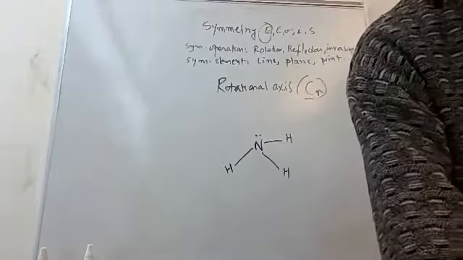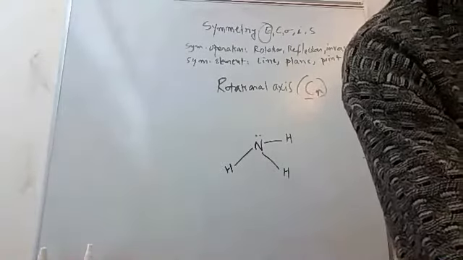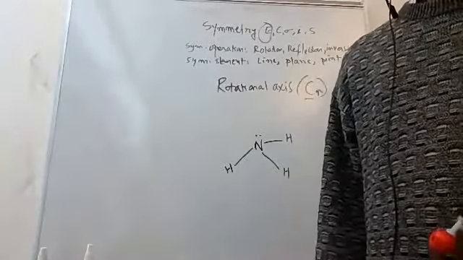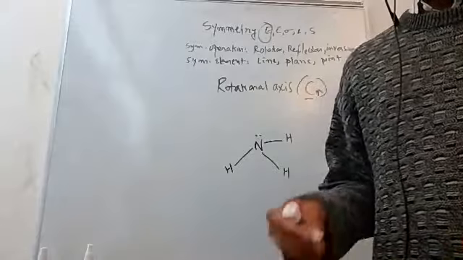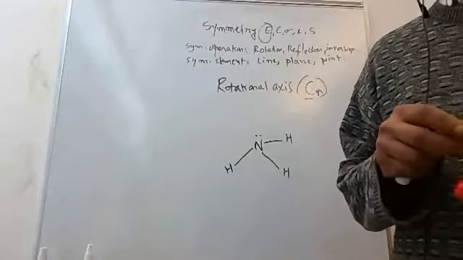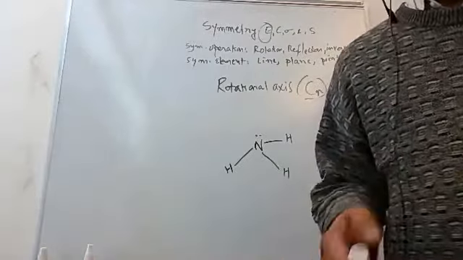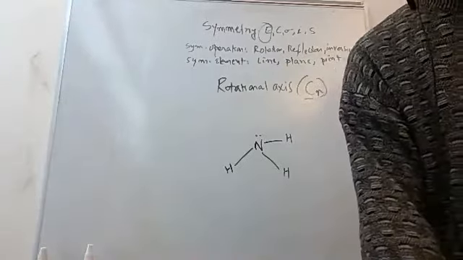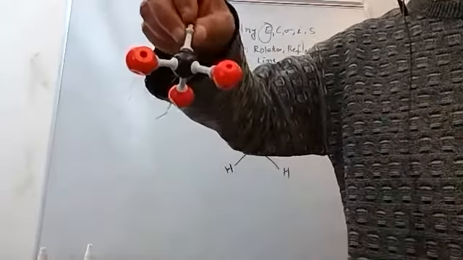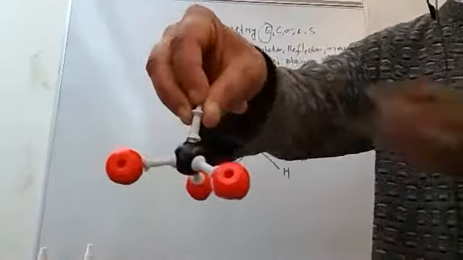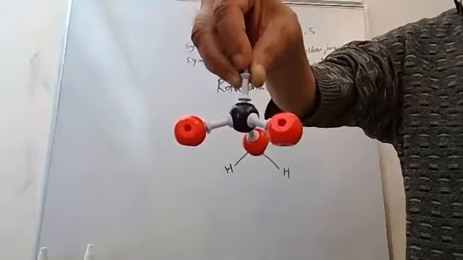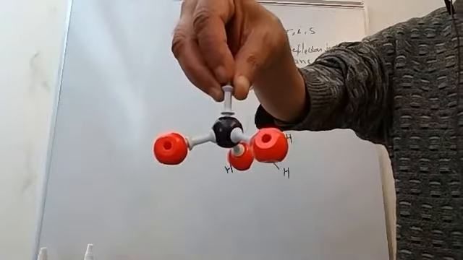Yes. And what is the order of the rotation? Is it C2 or C3 or C4, C5? What does it have? To answer that question, we have to see the picture here. I'm now holding the ammonia molecule and I inserted a line here on the top.